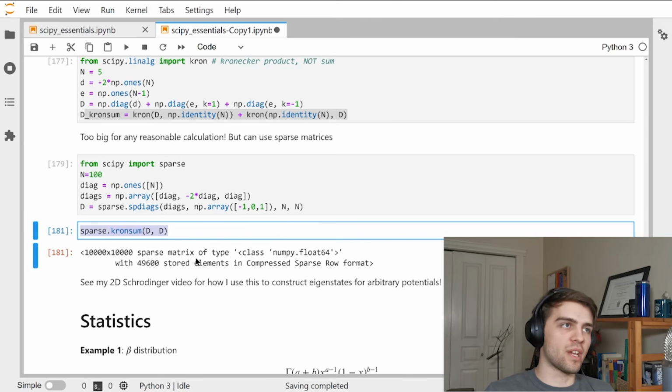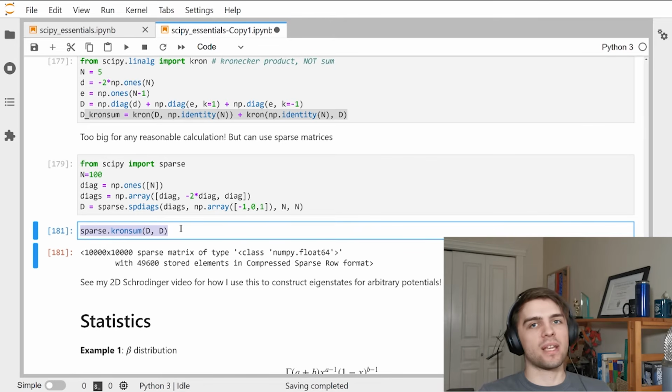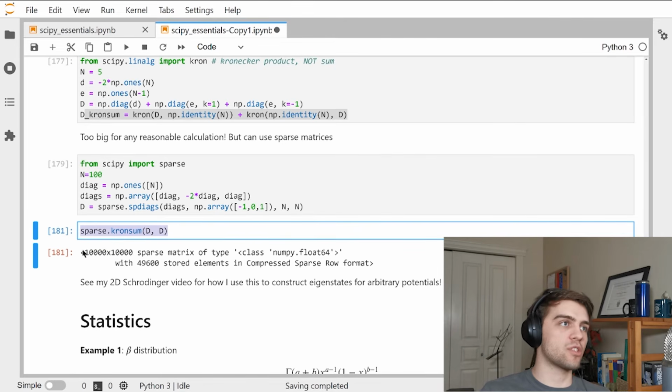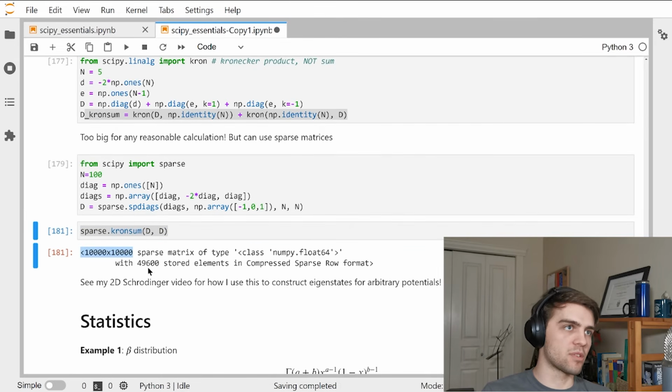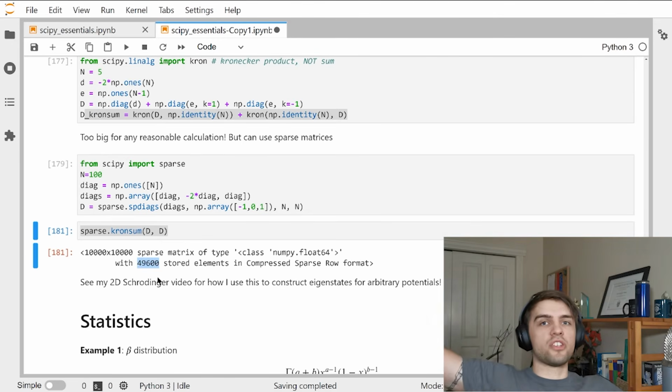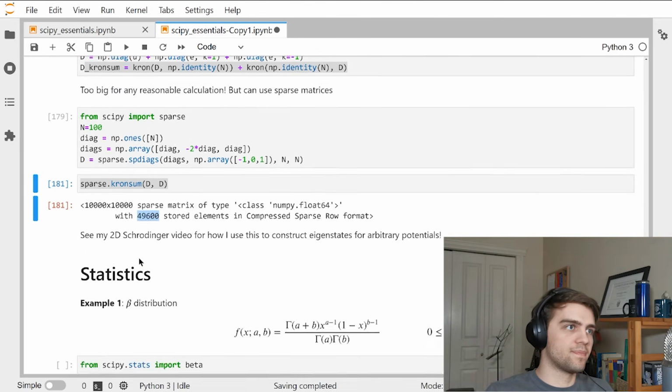So you can do pretty cool things with these sparse matrices, and you need them to solve those problems because otherwise you just run out of memory, since the matrix is too big. Even though this is 10,000 by 10,000, there are only 49 or 50,000 elements actually stored in that matrix. That's why it's sparse, lots of zeros in that matrix.